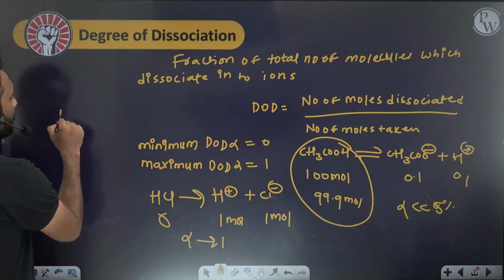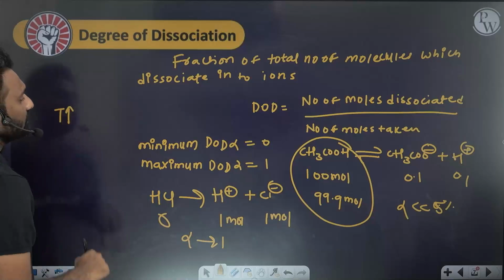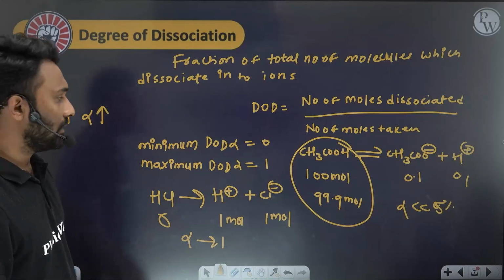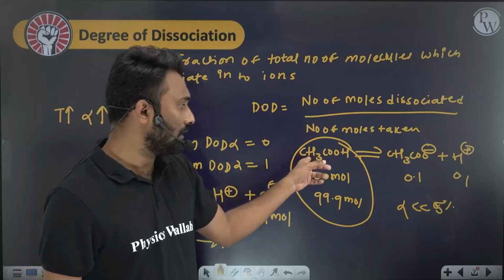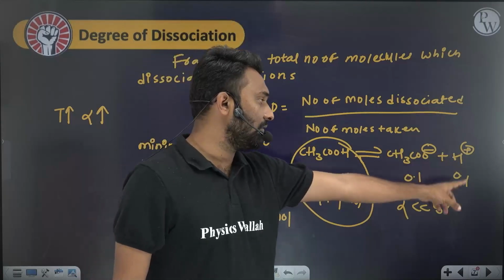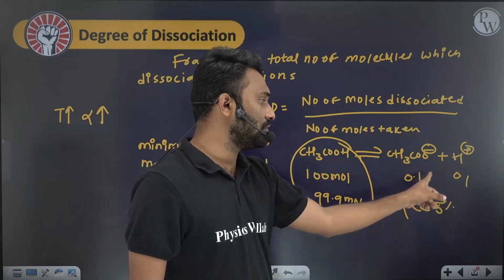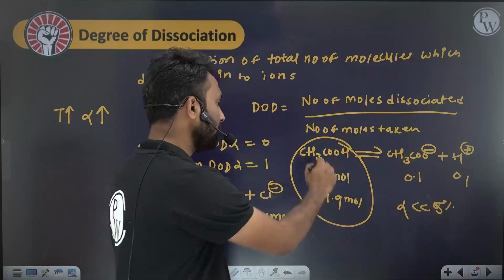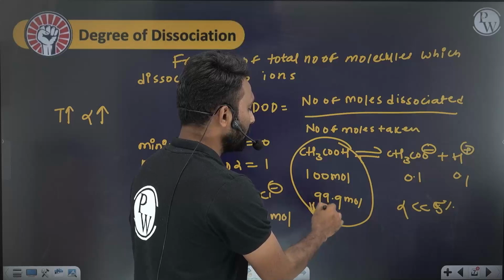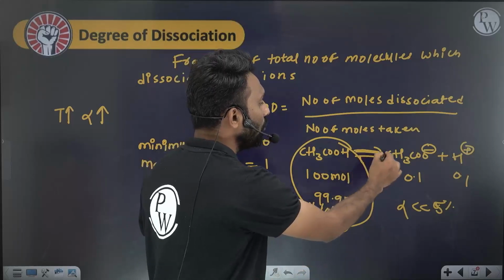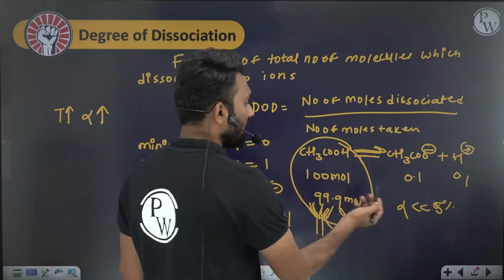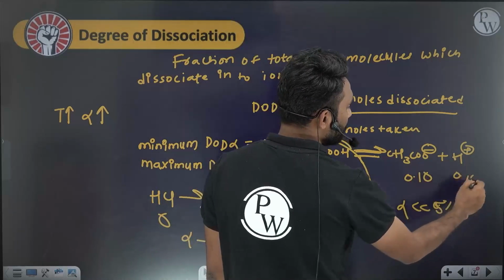If we increase the temperature, the alpha value increases. For this acetic acid, initially it has dissociated into 0.1 and 0.1. If you heat the acetic acid, by absorbing that heat more dissociation will happen, from 100 moles, let us assume 0.10 mole.